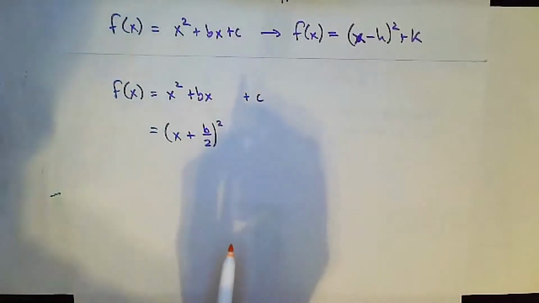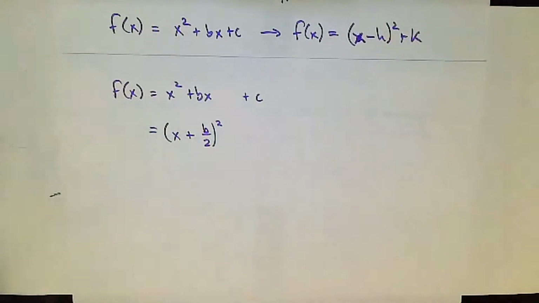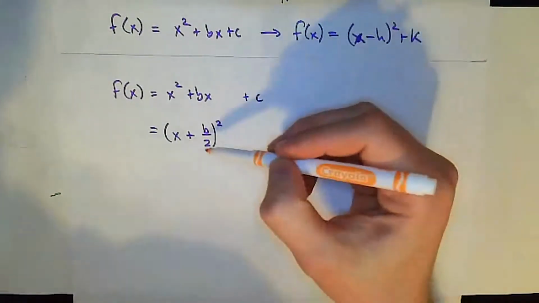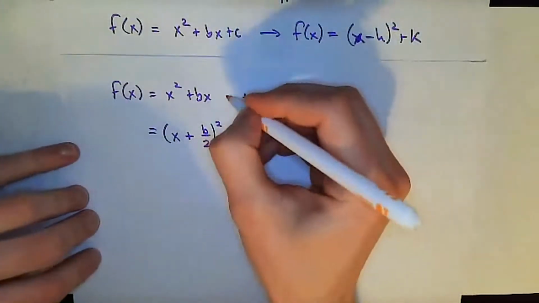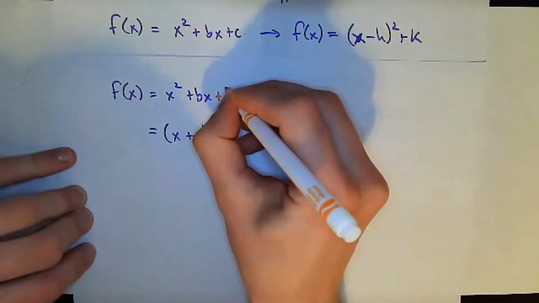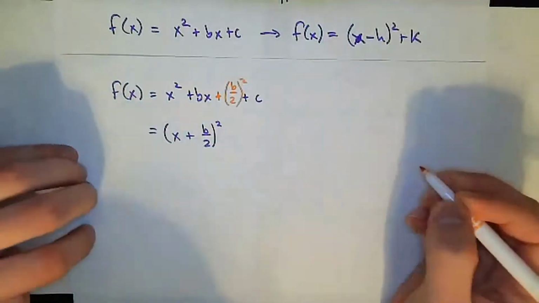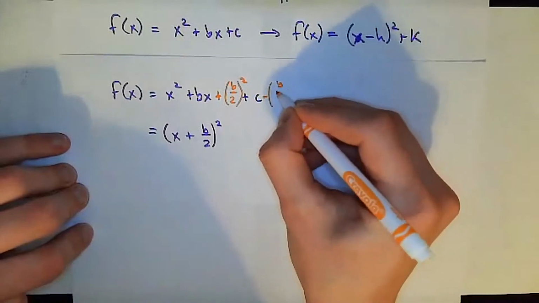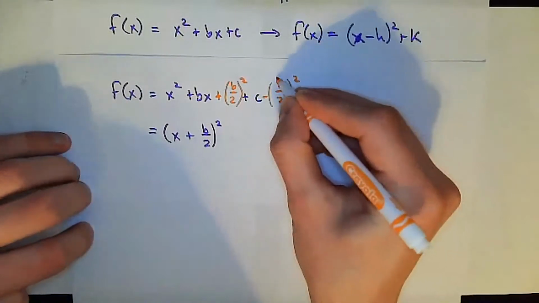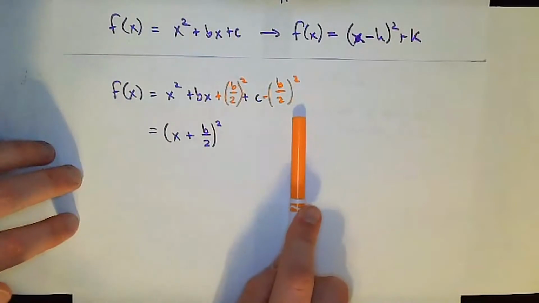But technically, what are we adding? Sorry, not double. We're adding this thing squared up here, so plus b over 2 all squared. We're adding that, and then we're also subtracting it, minus b over 2 all squared, which looks a lot worse, right?